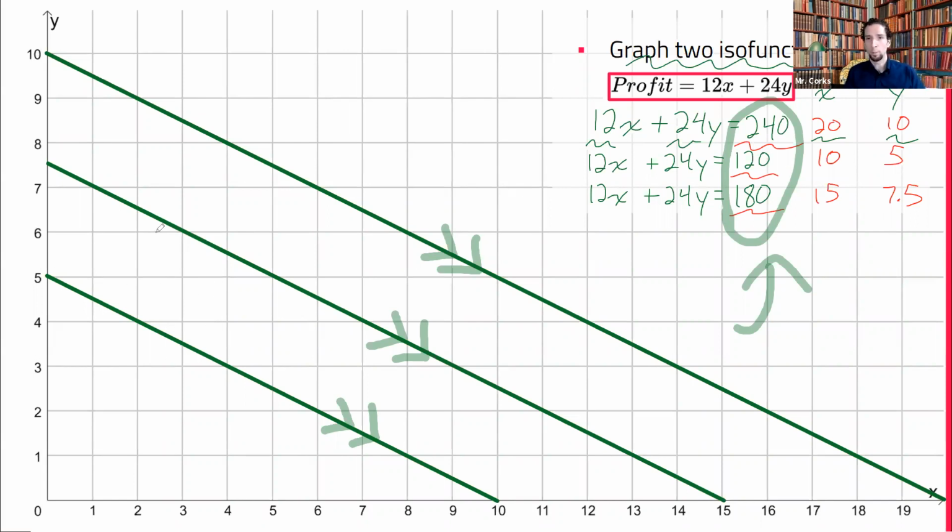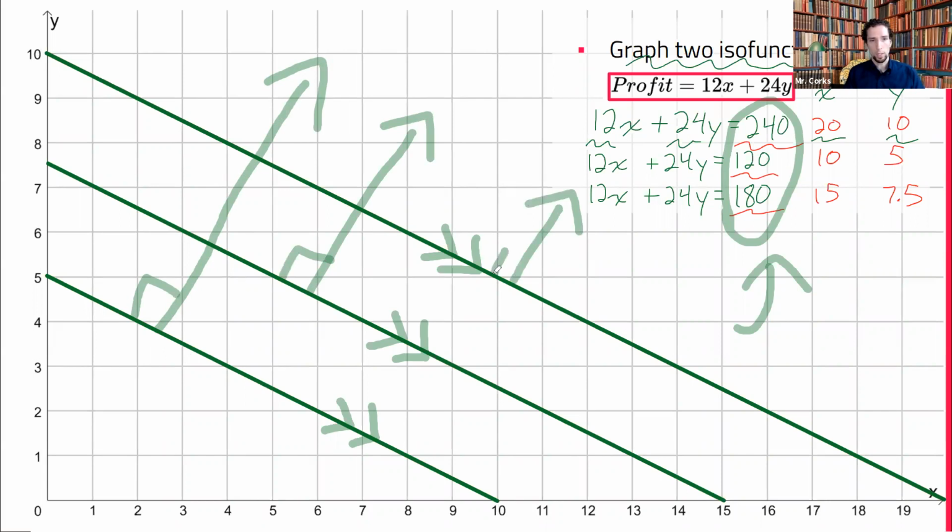Maybe you want to minimize it in some case, but we want to maximize. So then our profit is going to increase perpendicular to these lines. This is the direction that our profit is increasing according to these arrows. Let's choose some random points here.